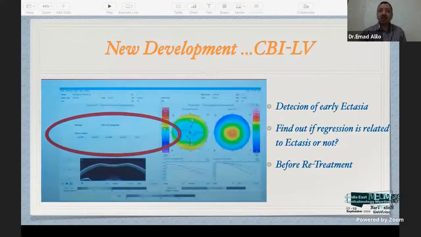You have to introduce this manually. Then it will give you new biomechanical indices depending on this input. This is very important in detecting the early progression of ectasia. The most important usage is if you have a regression, but you don't know whether this is an ectasia or just a normal regression. Especially when you need to touch up the cornea, you want to know whether this cornea is strong enough to tolerate your touch up or not.